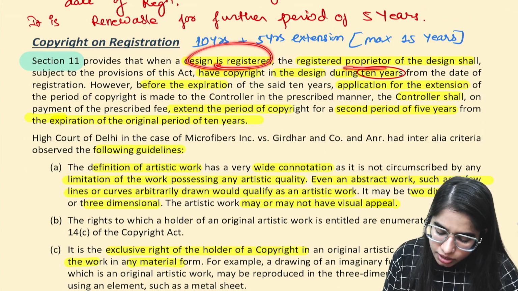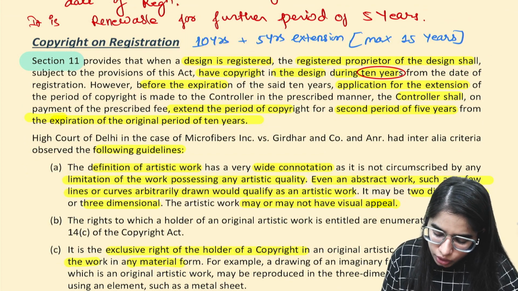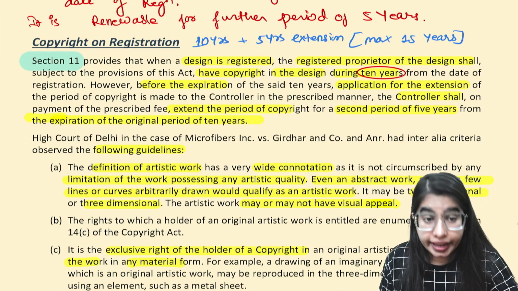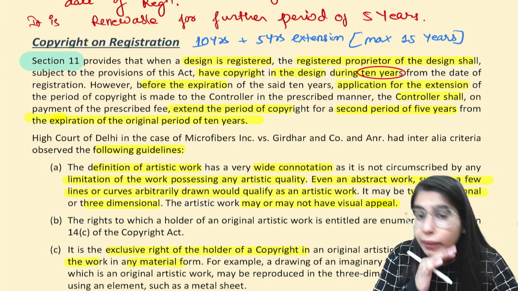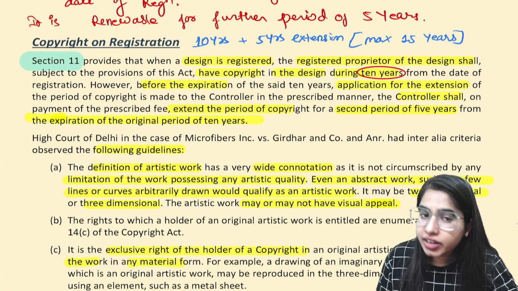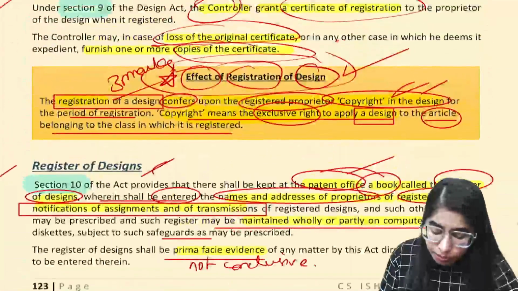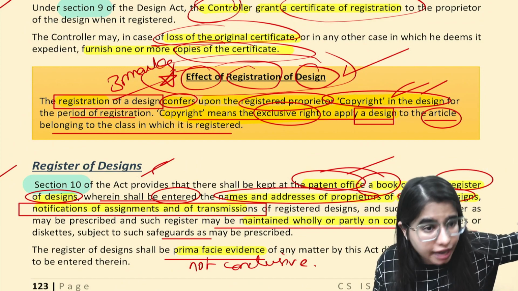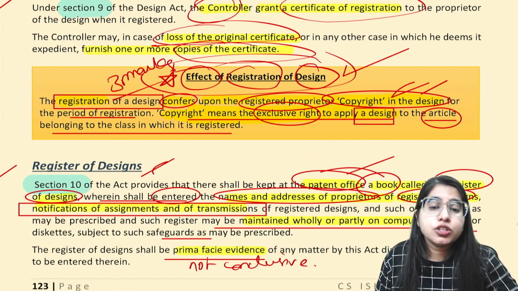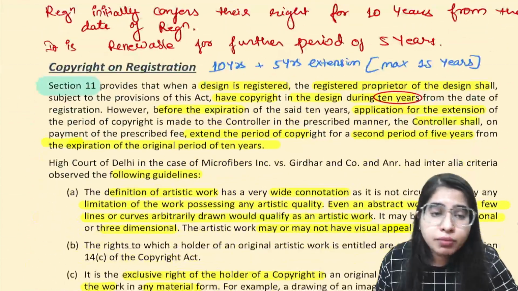That design may be registered for 10 years, and that means you will get protection, you will get copyright for that design for 10 years. Are we clear with this? Now here, please, I am telling you again, please don't confuse. Copyright here means the exclusive right to use the design.